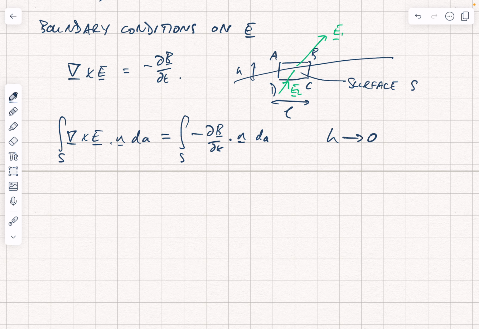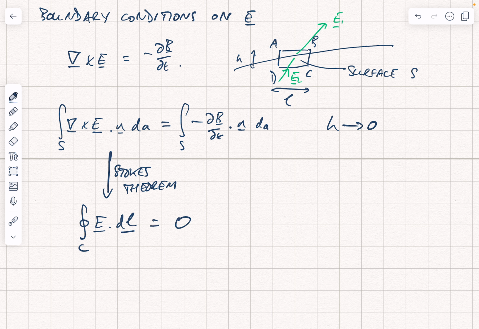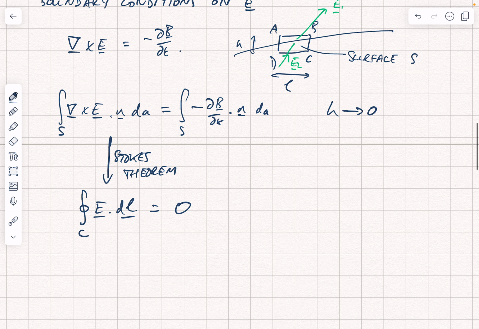The left-hand side we're not going to leave as a surface integral. We're going to use Stokes' theorem to transform this. And what we have now is that the closed loop integral of E dot dl is equal to 0, and that right-hand side is 0 because we've allowed the surface area to go to 0. Again, as we argued before, by shrinking h, we can discard the edges.